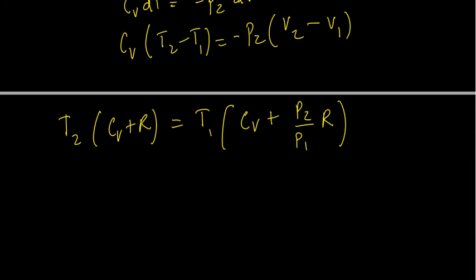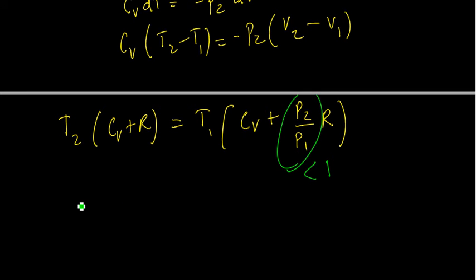What's important is that this P2, the final pressure, is lower than the initial pressure P1. Okay, which means that this term is less than 1, right? Which just tells me that T1 is higher than T2.